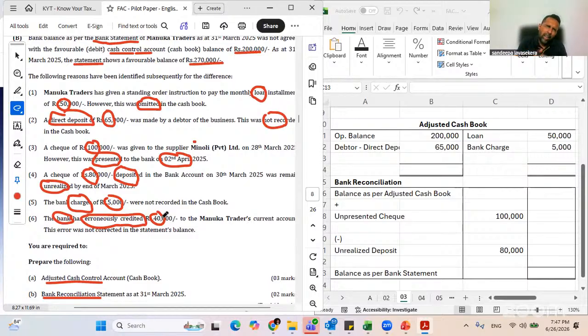So for them, when the bank account balance increases, it's a liability increase, a credit. When it decreases, it's a liability decrease, a debit. Therefore, here they say the bank has erroneously credited. Liabilities credited means the balance is increasing.